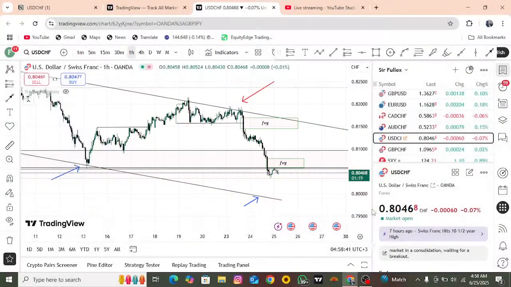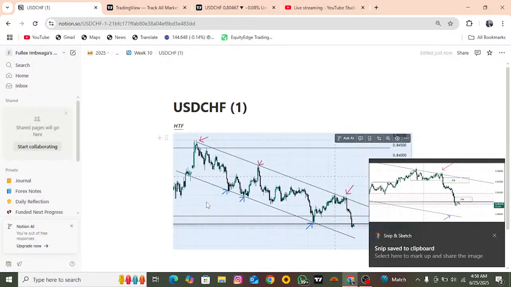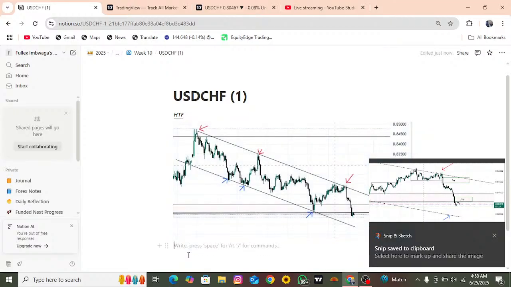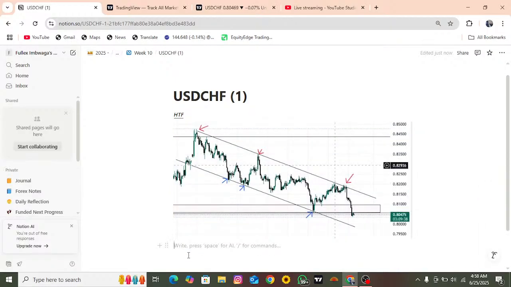Because, as I always say, don't predict the market. This is not gambling. We react to what the market is telling us. That's always our slogan: react to the market, do not predict the market.